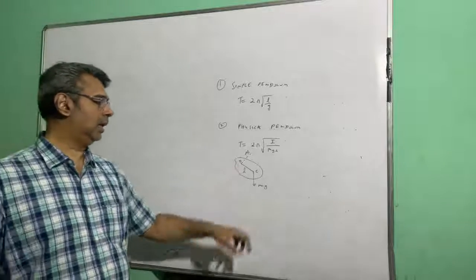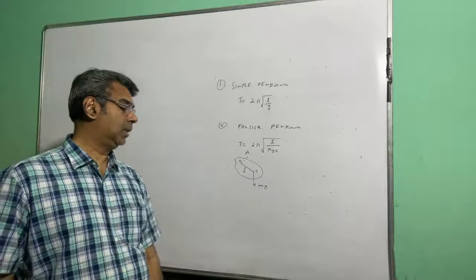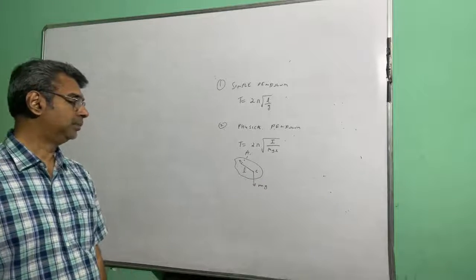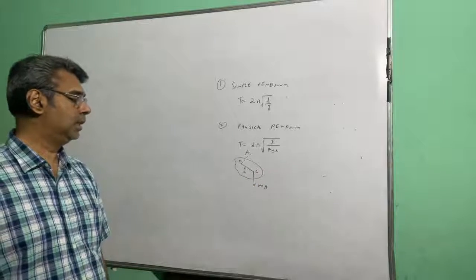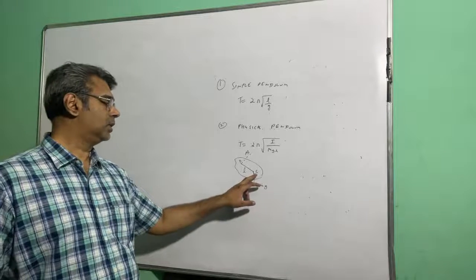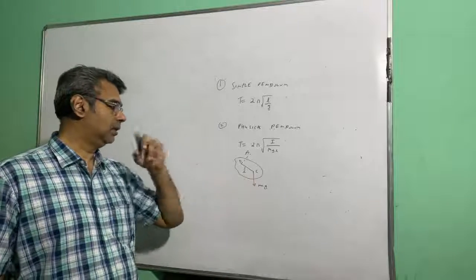OA will be the axis of rotation, and C is the center of mass of this rigid body, and the weight of the rigid body is mg, and the distance of C from the point O is L.